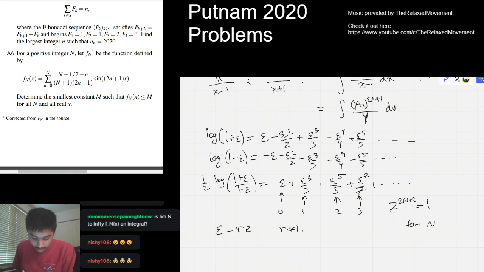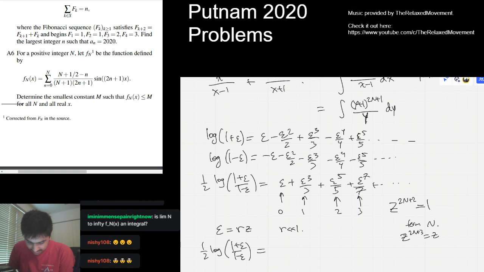And now this thing is equal to epsilon, but then you will have epsilon plus the capital N plus 1th term. The point is that the n plus 1th term here is 2n plus 3, and z to the 2n plus 3 equals z. Oh, this is bad. No, it's fine.